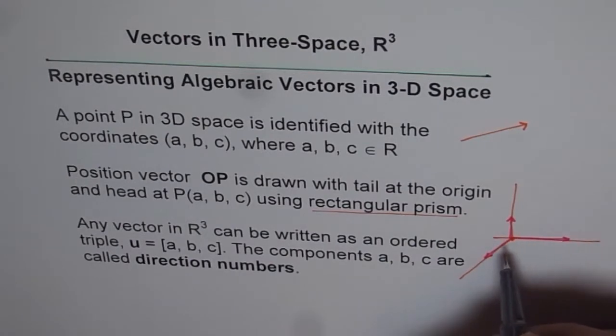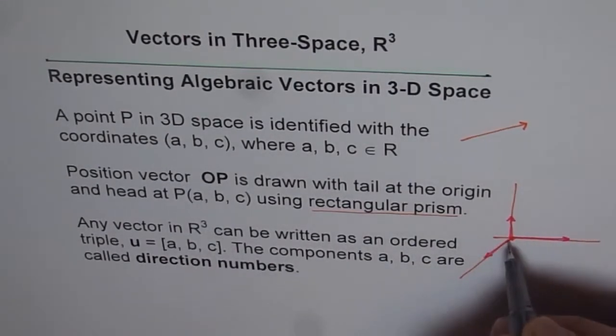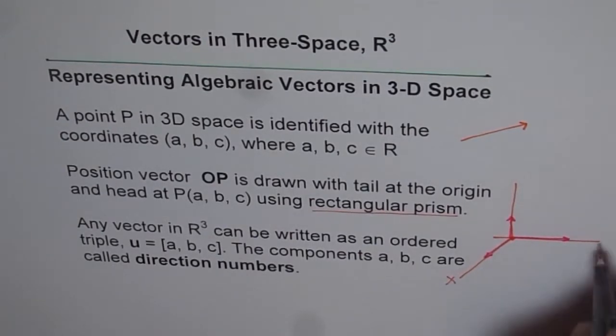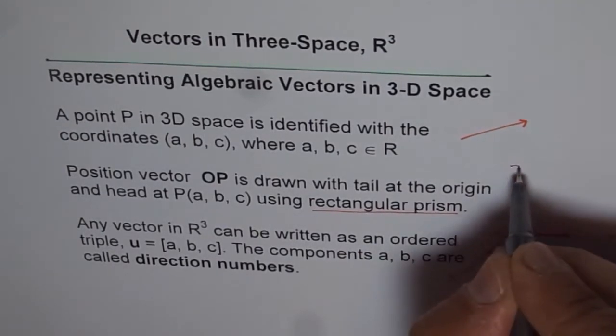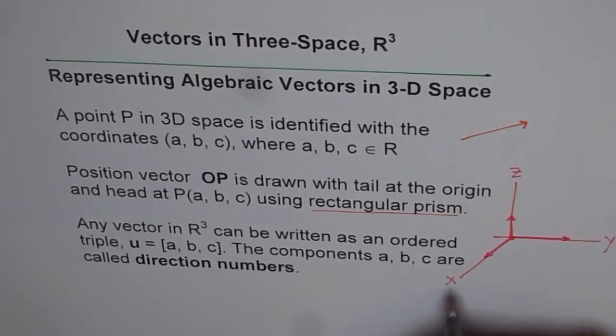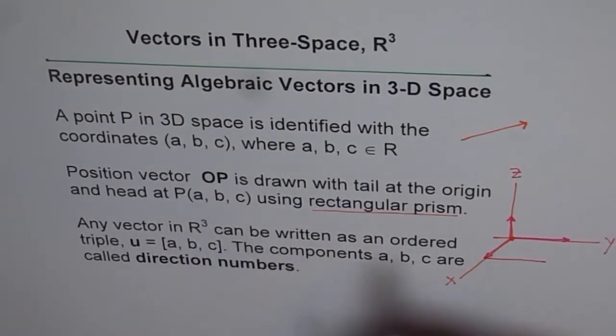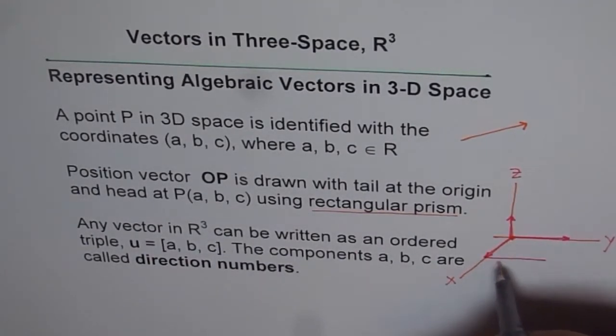See how? So first thing is, we move A units along x-axis, that is our x-axis, this is y-axis, and this is z-axis. So we move A units along x-axis, then B units along y-axis. So once we do that, we form the base of our rectangular prism.